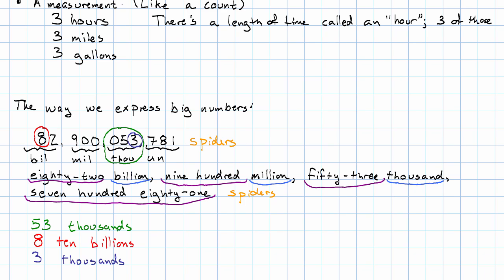Again, we think of these numbers as representing counts. We have this thing called a 10 billion, and we have 8 of those. We have this thing called 1,000, and we have 3 of those. Or, looking at it from a little bit further back, we actually have 53 of those thousands. The way that we handle place value is another instance of thinking about the whole numbers as counting things.